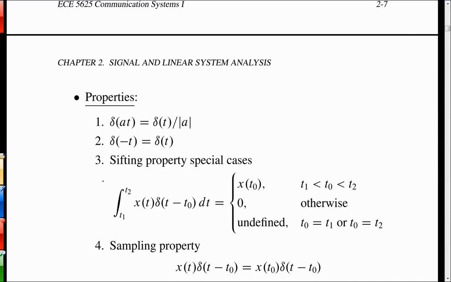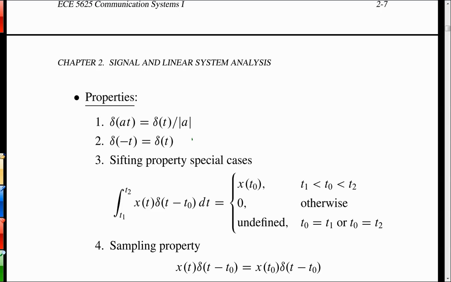Some properties. This property I just call more exotic. It's if you're rescaling the time axis, and we don't do that very often.